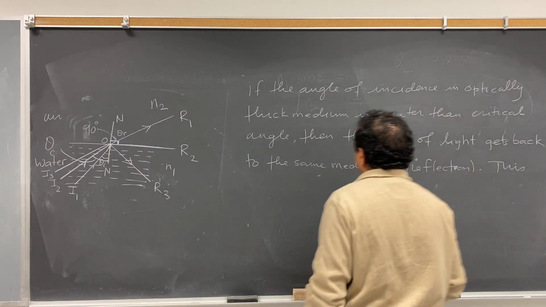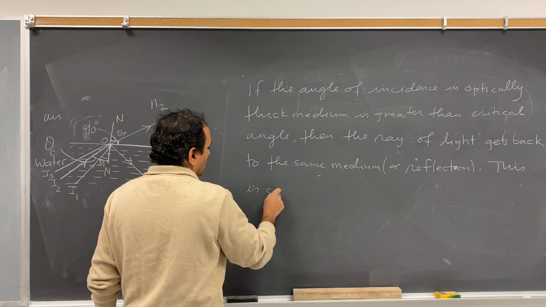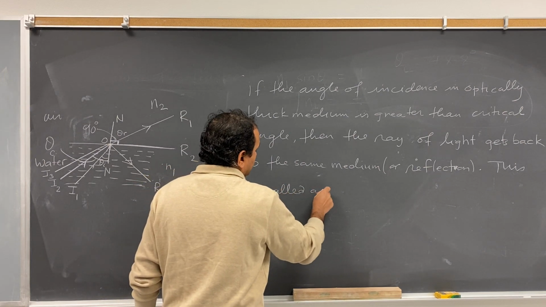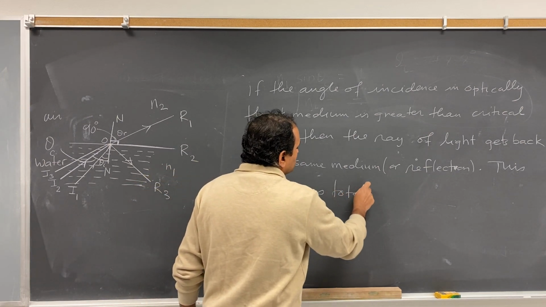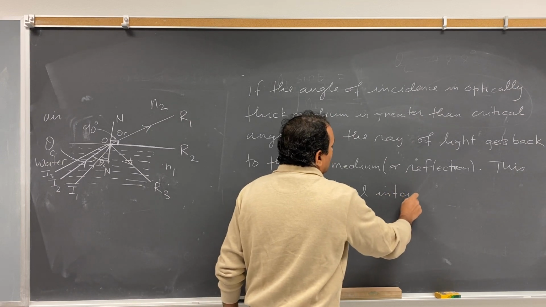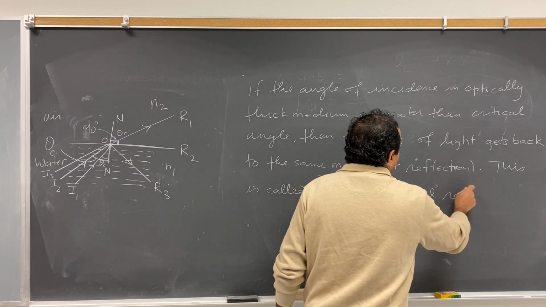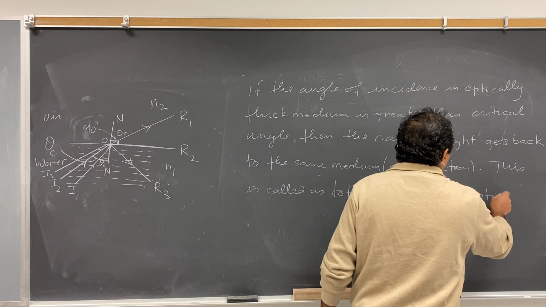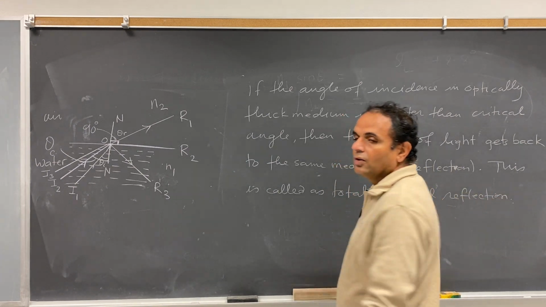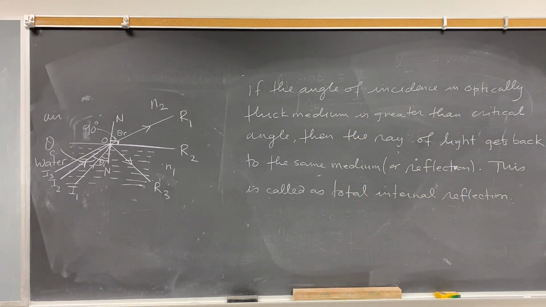This is called total internal reflection. So if the angle of incidence is greater than the critical angle, then the ray of light gets back to the same medium, or simply the ray of light reflects.